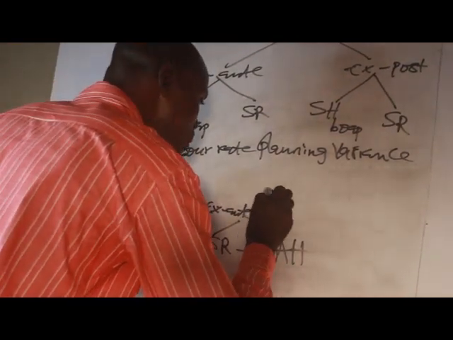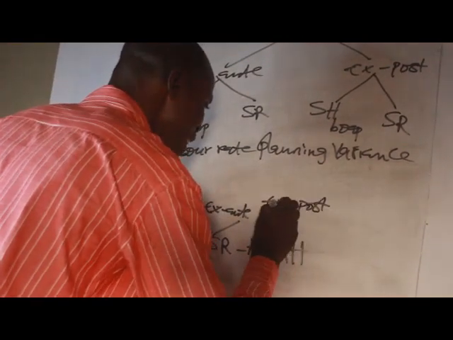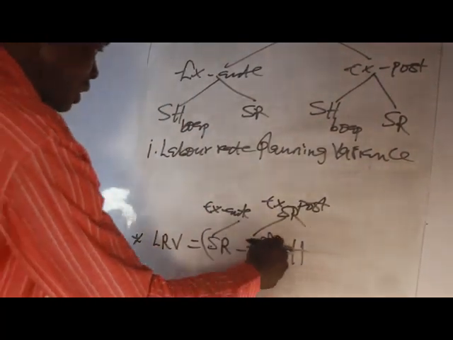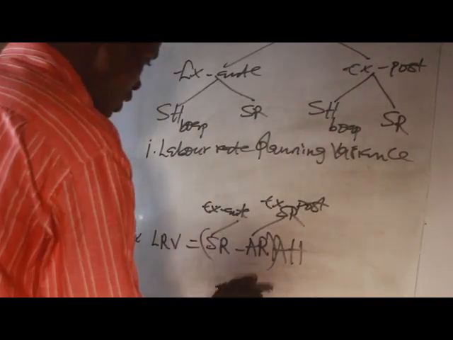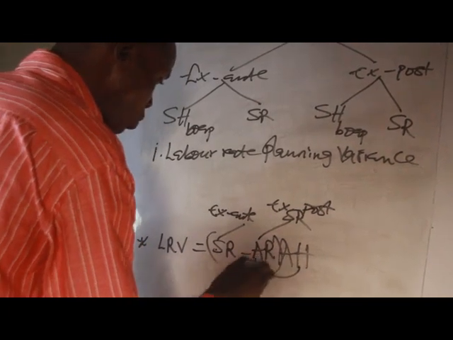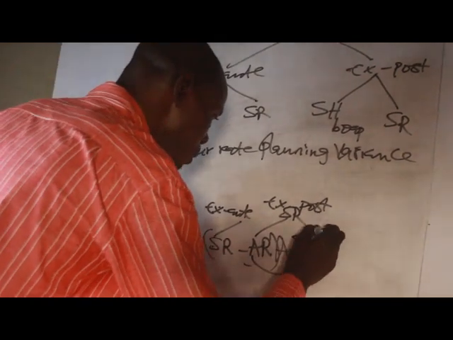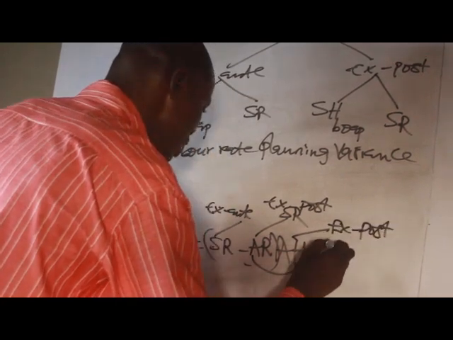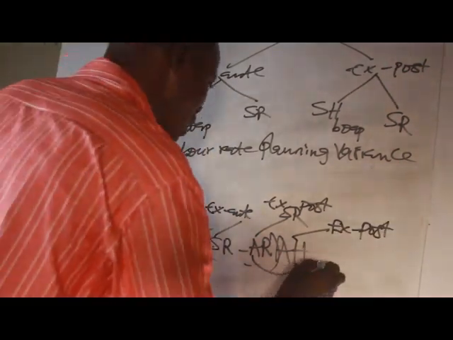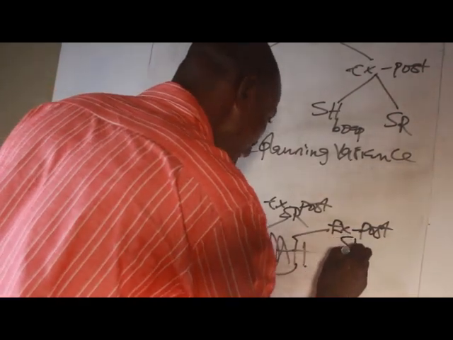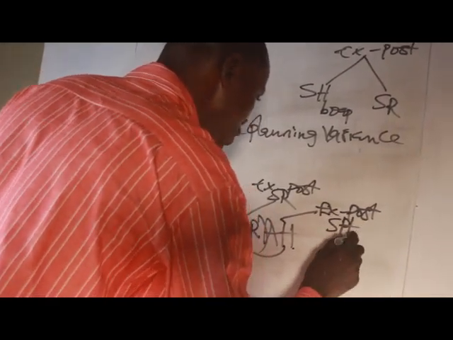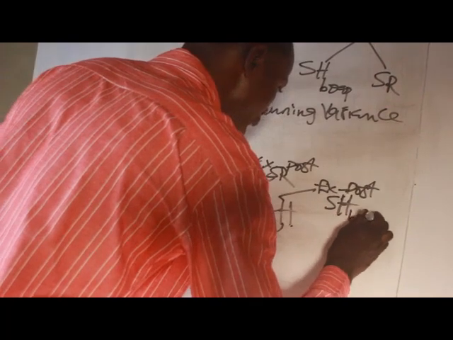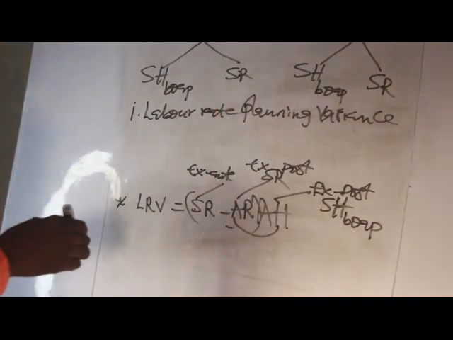Here we have ex post standard rate, not actual rate. Then actual hours now. So this is actual rate, this is actual hour. These two go together. So that means this one becomes ex post standard hour, ex post standard hour based on actual production.